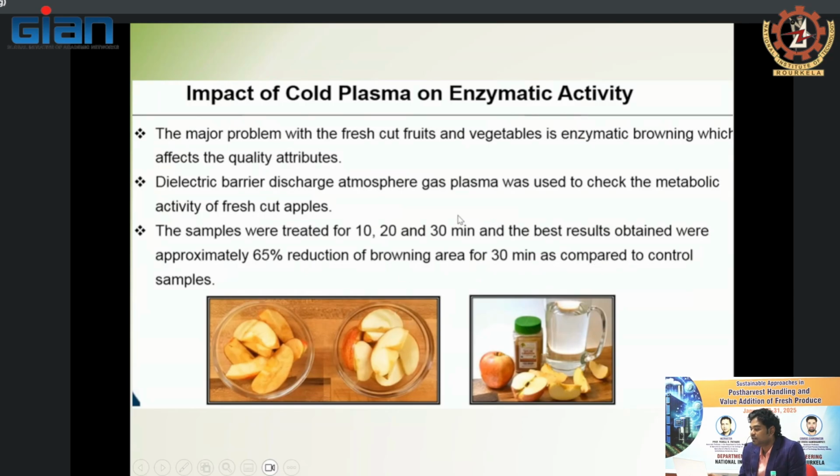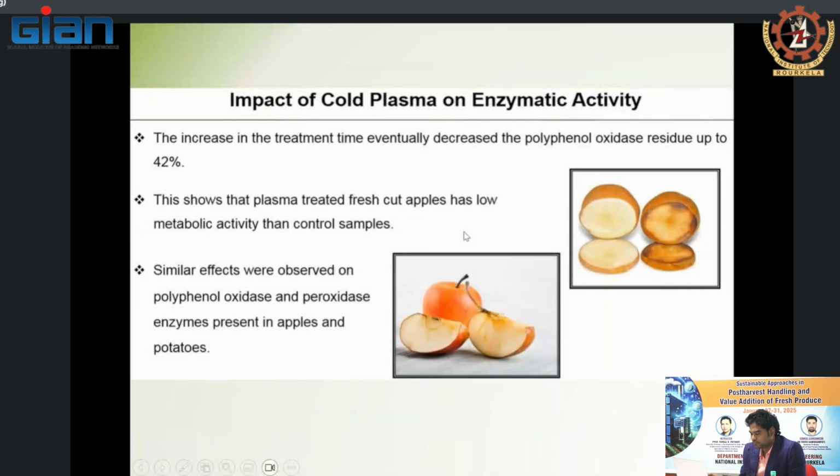So as you expose this cut surface to the plasma, it reduces the enzymatic activity in cut fruits and vegetables. Similarly, for other fruits also we can use the same plasma for controlling the enzymatic activity.